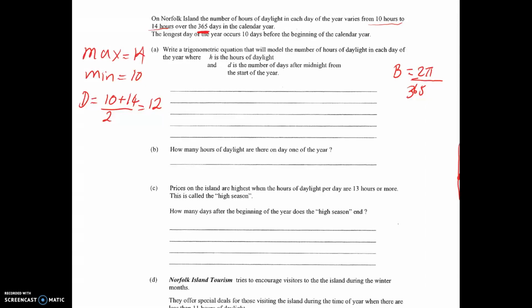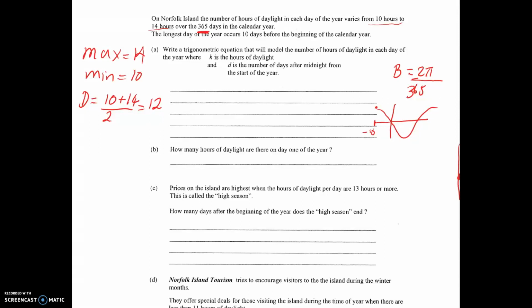We are told the longest day of the year occurs 10 days before the beginning of the calendar year. So longest day implying the maximum. If we roughly sketch our graph, that's minus 10, and the maximum occurs here.